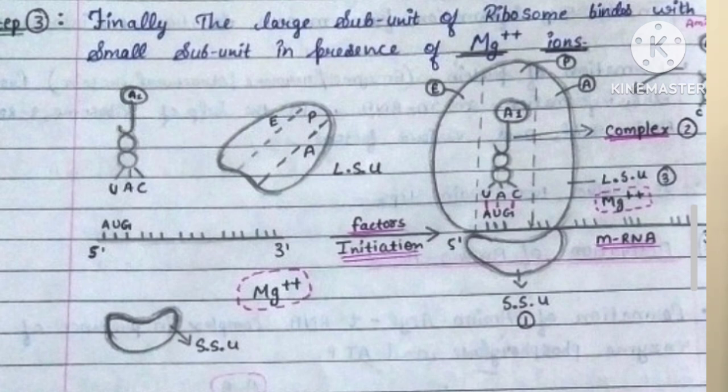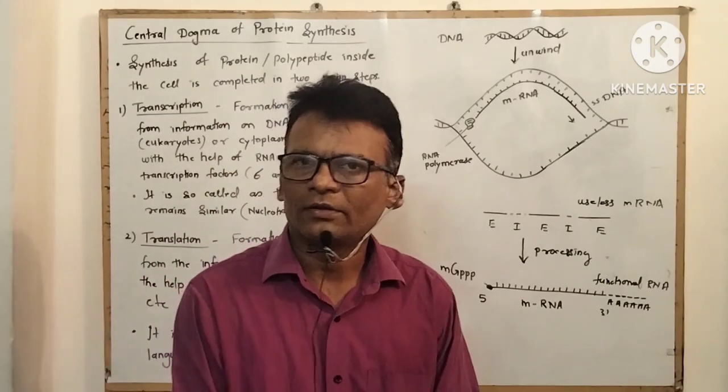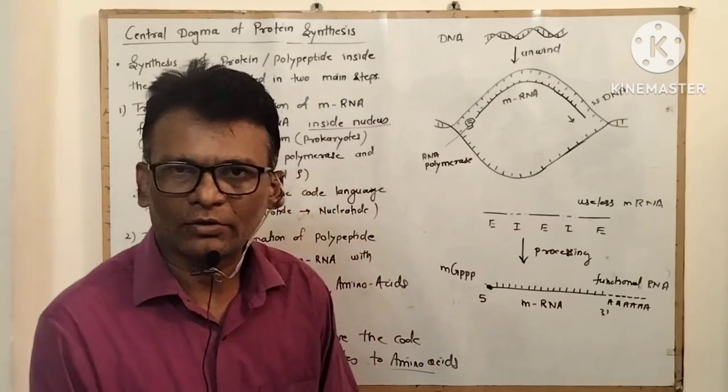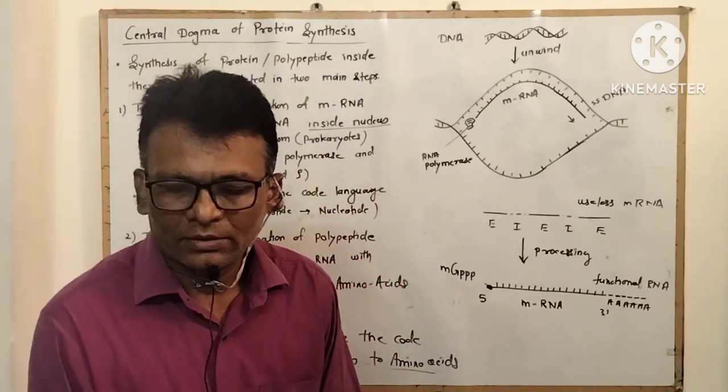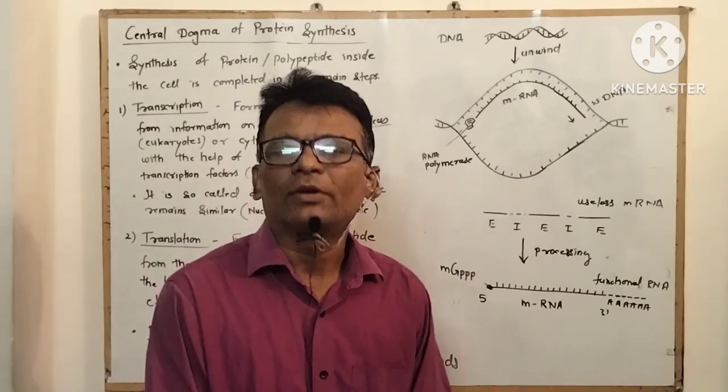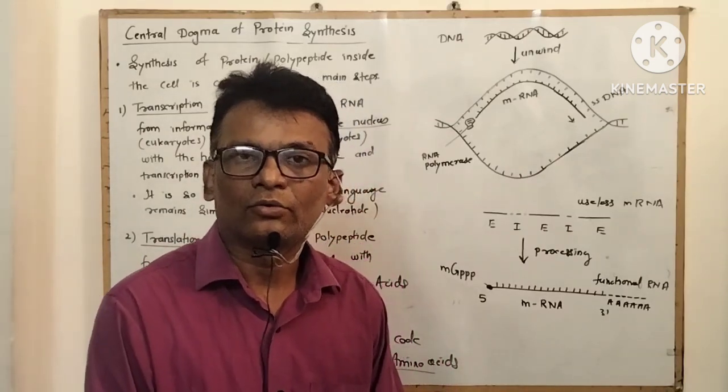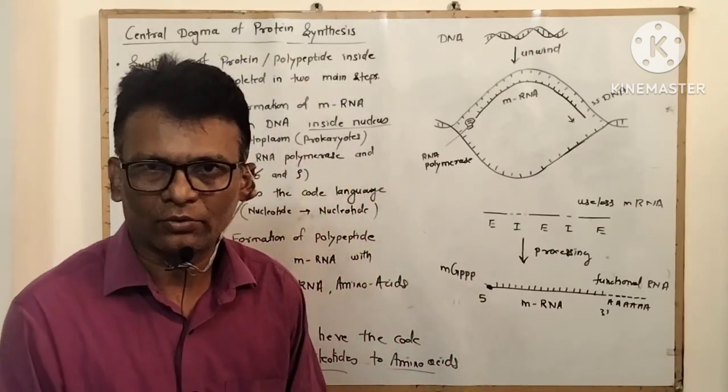Then in the second step, the tRNA amino acid complex brings the first amino acid to the start codon. The start codon is AUG: the adenine, uracil and guanine sequence on mRNA. Codons are the sequence of 3 nucleotides present on mRNA, while the 3 nucleotides present on DNA constitute codogen. Both are the code language.